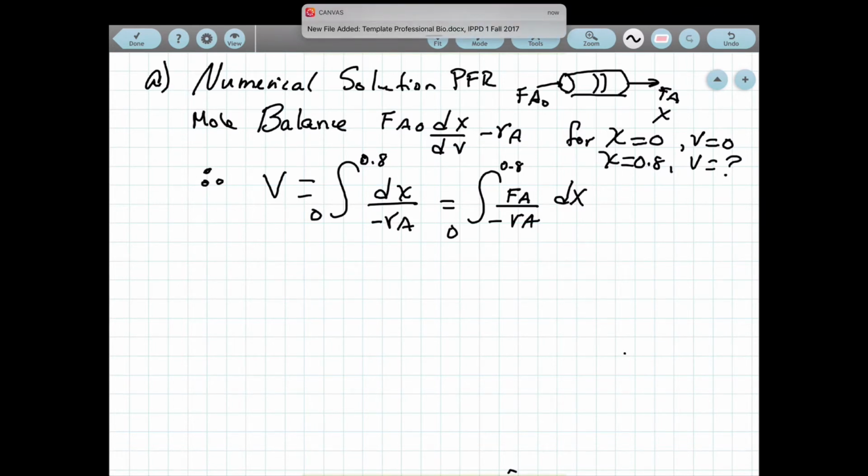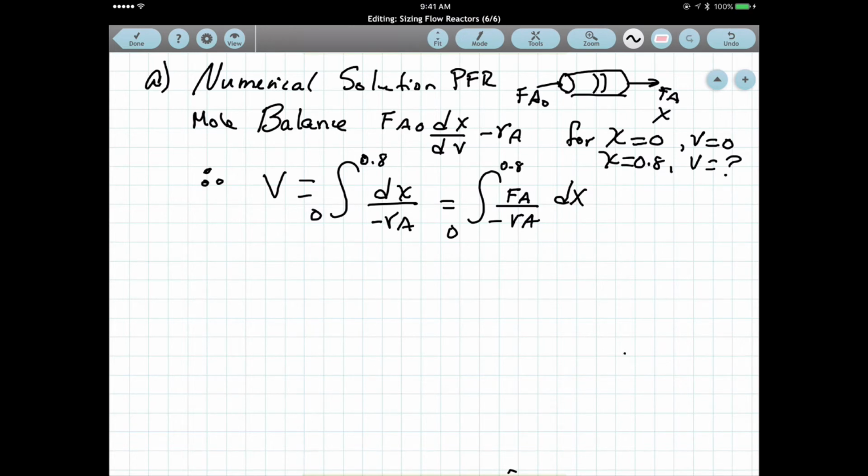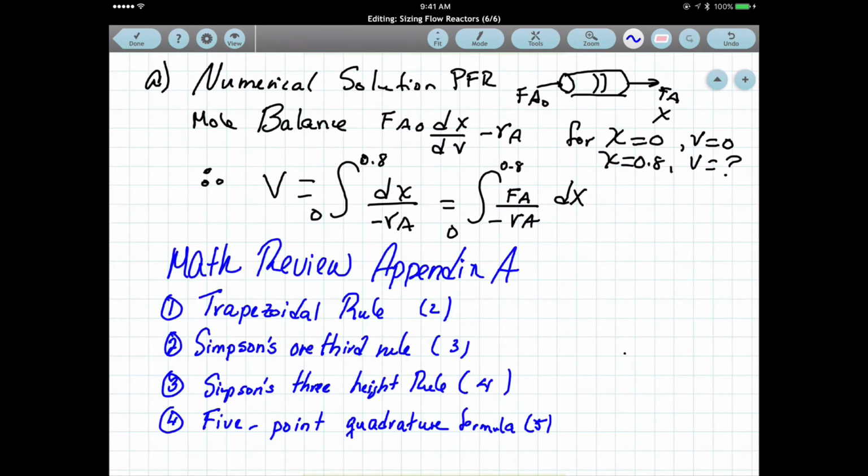Some numerical methods that will be used in this class include the trapezoidal rule, the Simpson 1/3 rule, the Simpson 3/8 rule, and the 5-point quadrature formula. There are also other formulas if we have more than 5 points. The numbers here on the right are the total number of data points that you can use for that specific rule.